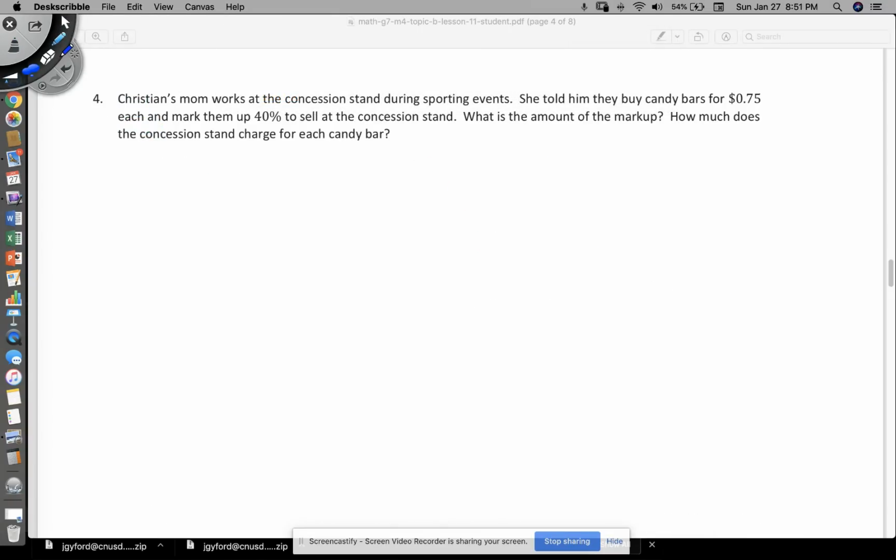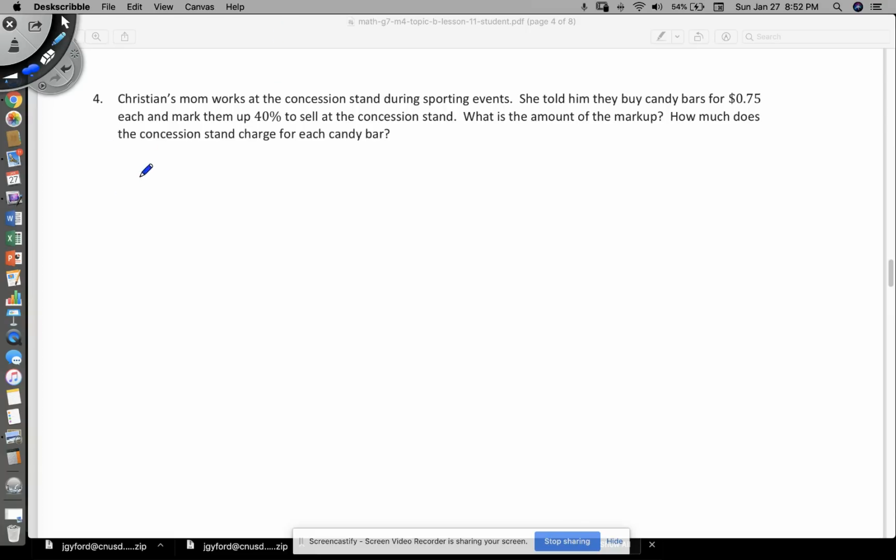Number 4 says, Christian's mom works at a concession stand during sporting events. She told him they buy candy bars for 75 cents each and mark them up 40% to sell at the concession stand. So how much was the markup? And how much does the concession stand charge for each candy bar?